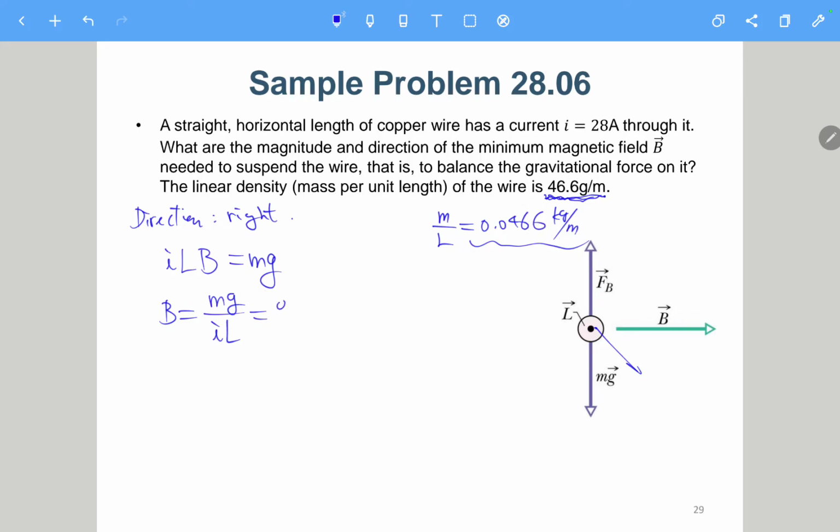So we have 0.0466 times 9.8, and then over I, which is 28. So this is 1.6 times 10 to the minus 2 Tesla. Okay, so this is the answer. This is the magnitude, and the direction should be pointing to the right side in this figure.